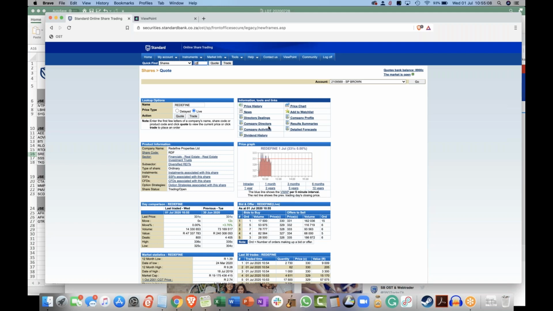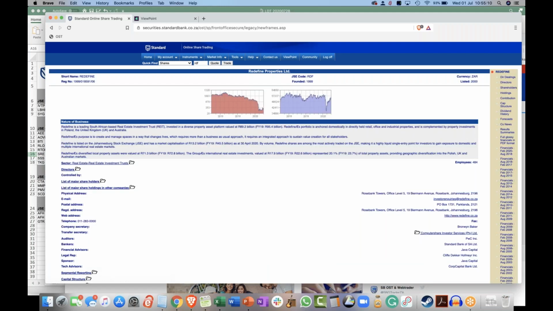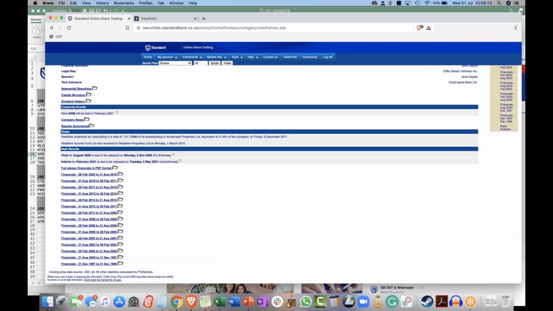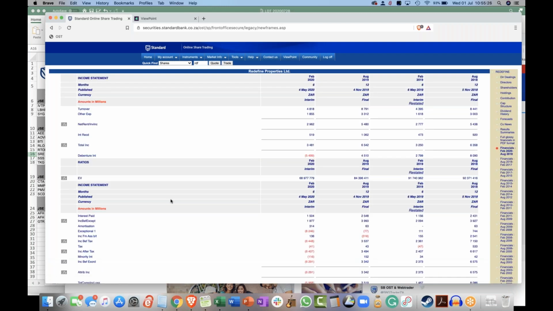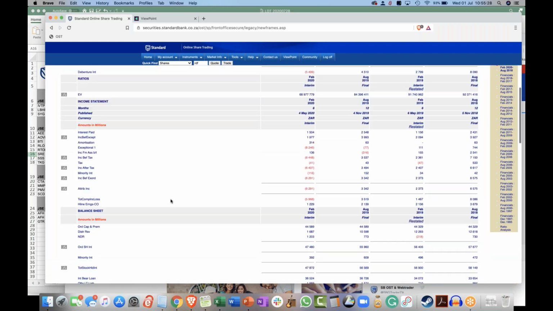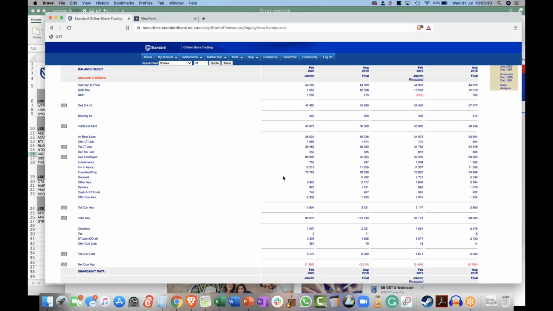Under company profile, ratio analysis, we have a snapshot of the ratios that are coming through. Sorry, I wanted financials. And here we will have a snapshot of the balance sheet and the like. Are we going to find some debt here?